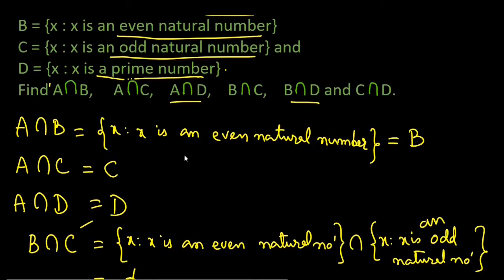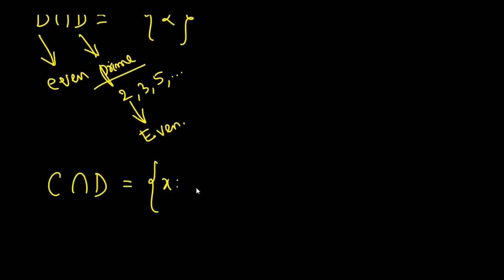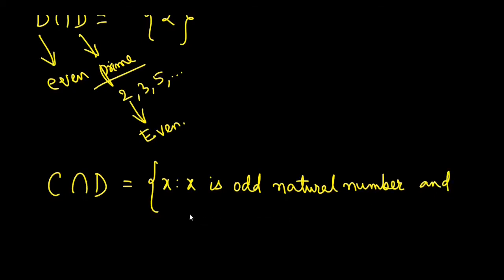C intersection D. C is odd natural numbers and D is prime numbers. C intersection D is the set of all x such that x is an odd natural number and x is a prime number.